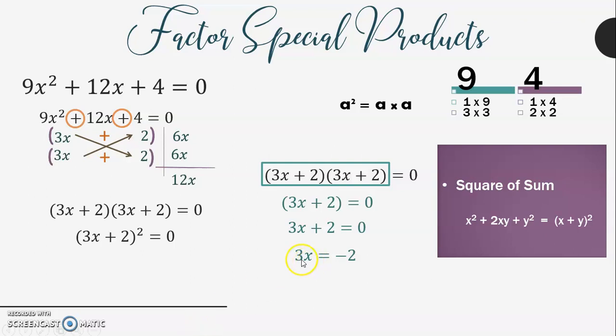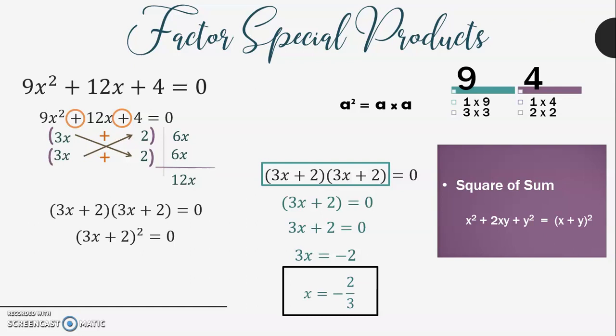Now, my variable is not completely alone, so I need to move my 3 to the other side in order to leave my variable completely alone. So I move my 3 that is multiplying to the other side, dividing. This way, I got that my answer is x equals negative 2 over 3. And this is everything for this exercise.